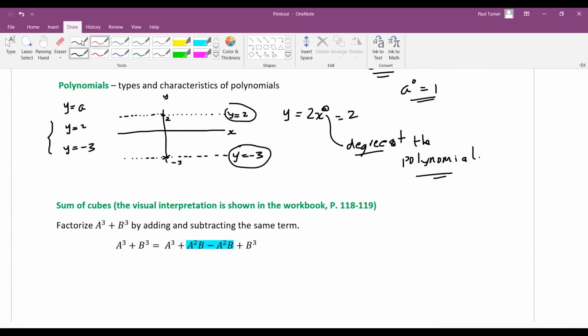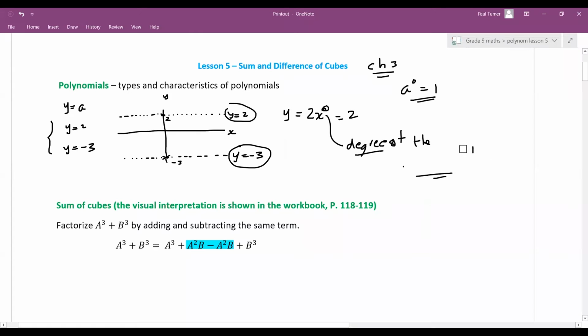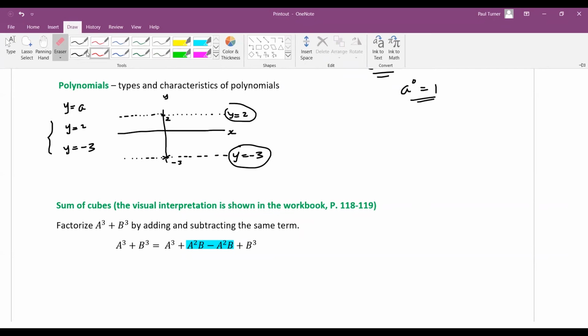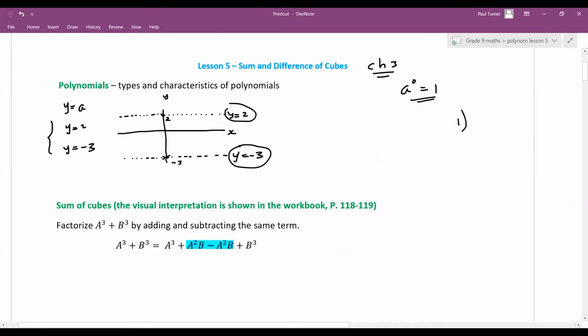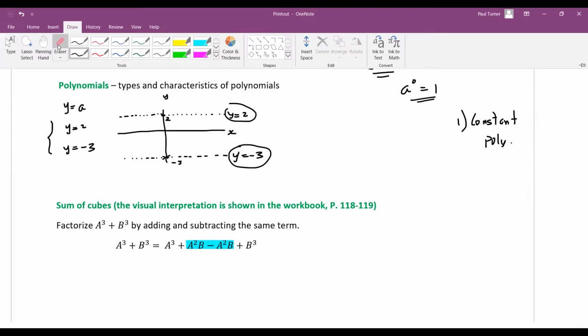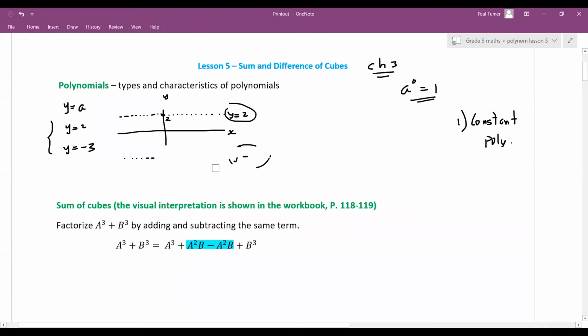I need to make space here. So you can copy this if you want, but I think most of it's in your textbook anyway. So first one, constant polynomial. Another one you'll get is still linear, but the line will be on an angle somewhere.